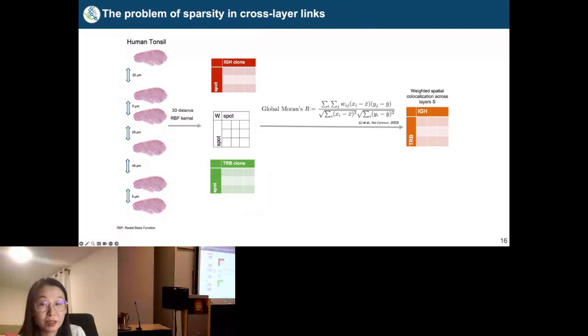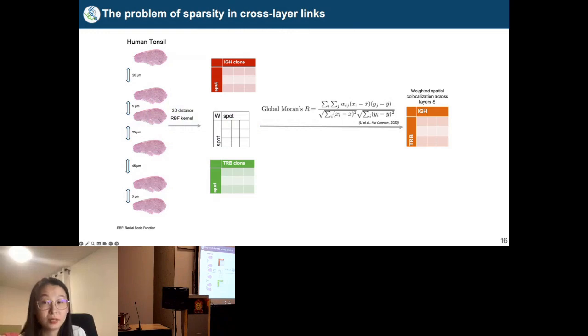Here we use Moran's R correlation, which can be thought of as a weighted version of correlation, where W is a weight matrix based on the Euclidean distance on spatial coordinates.